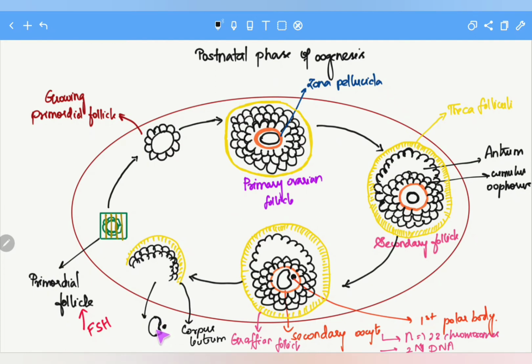Then it becomes a female pronucleus. The genetic material within the ovum gets rearranged into the female pronucleus, and the genetic material of the sperm gets rearranged into the male pronucleus. That happens when the sperm approaches.